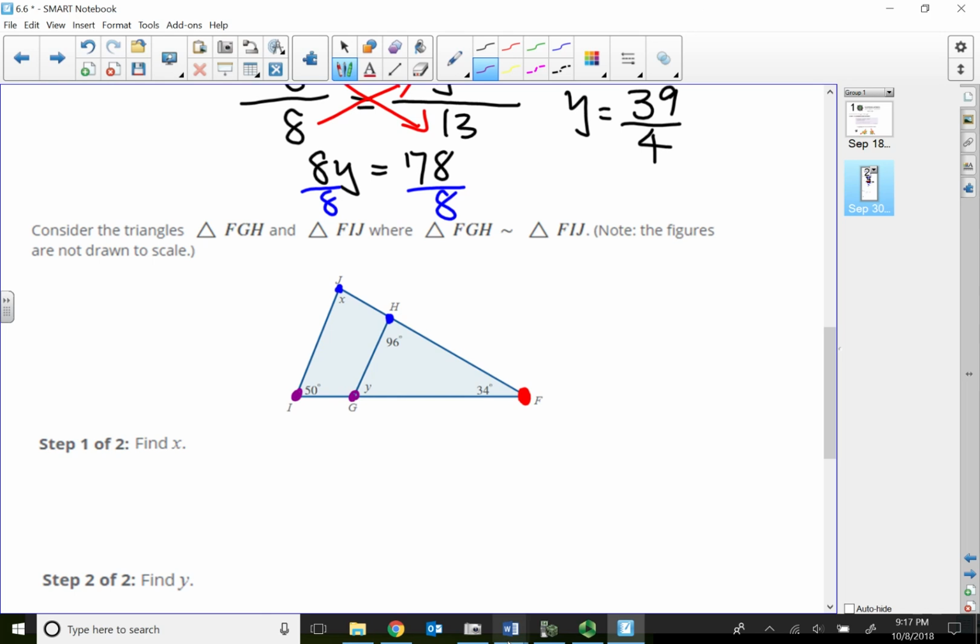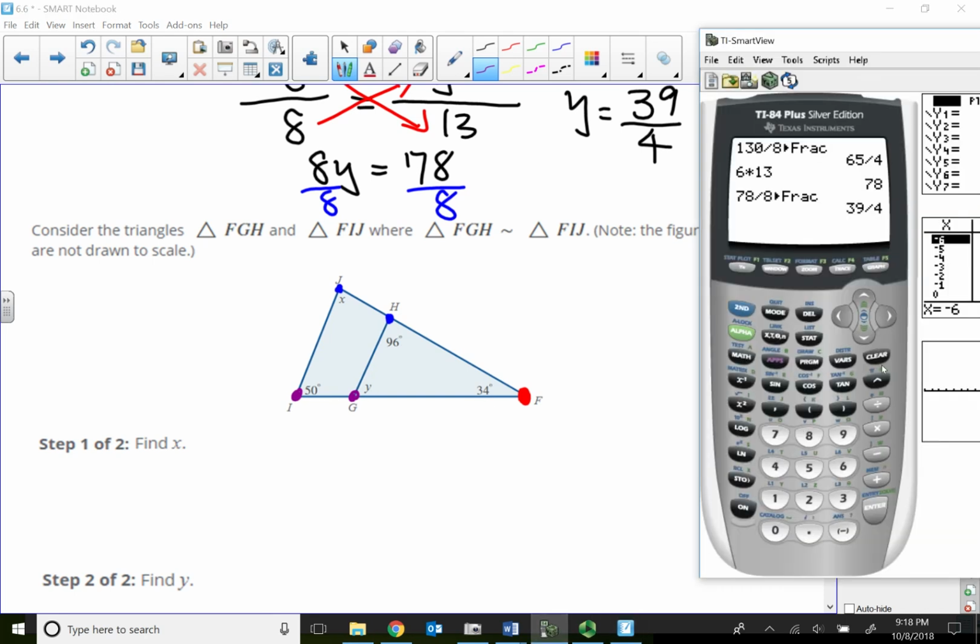So how do I know? Here's a couple of things. How do I know this Y and that 50 degrees are the same? If you think about it, triangle FGH, this triangle on the inside, all three angles together have to equal 180 degrees.